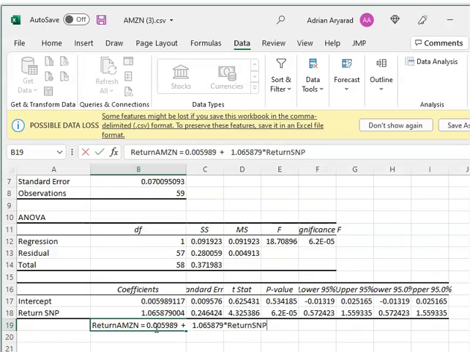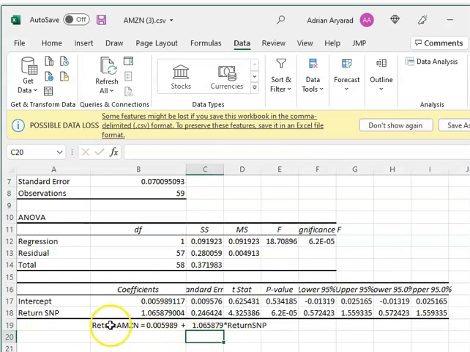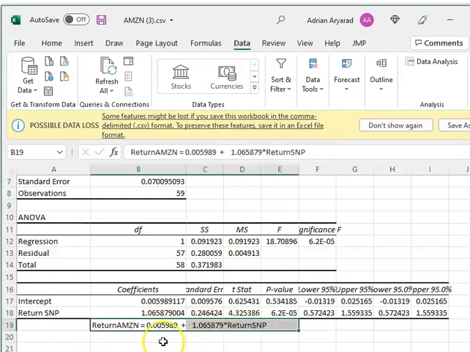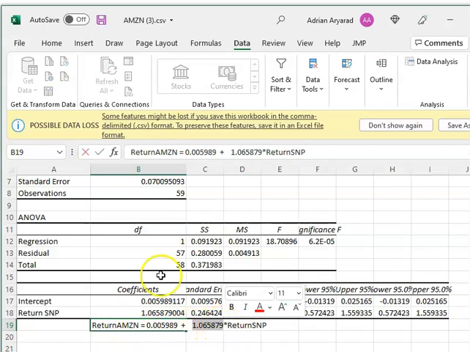Okay, so that would be the regression formula. And in this regression formula, which one is beta? Beta is right there. That's your beta.